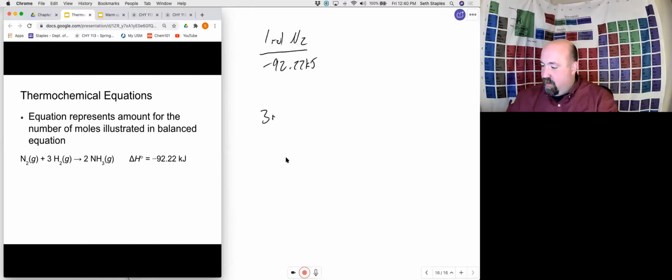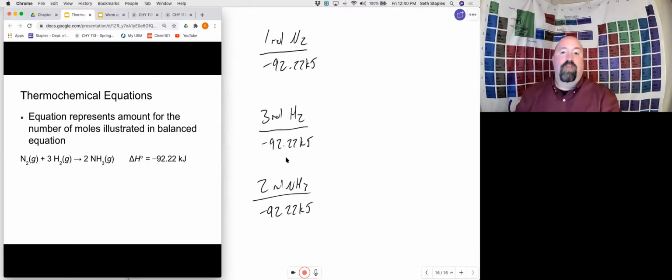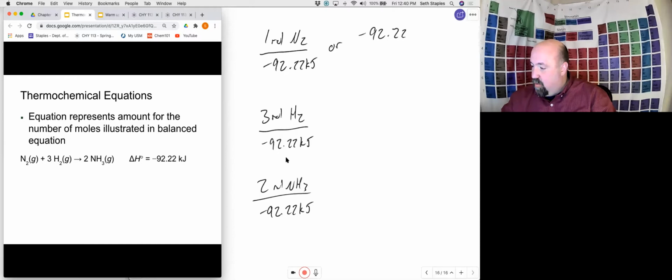If I have 3 moles of H2, that's going to release negative 92.22 kilojoules of energy. If I form 2 moles of NH3, that's going to release negative 92.22 kilojoules of energy. And you could use these conversion factors either way, like any conversion factor, depending on what you are actually trying to solve for.